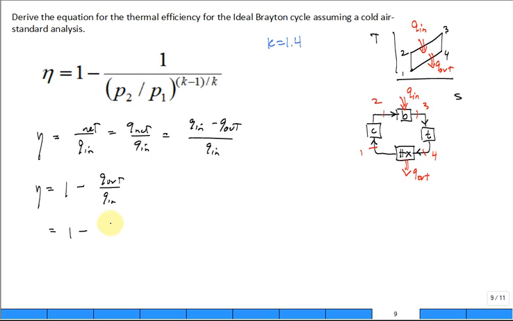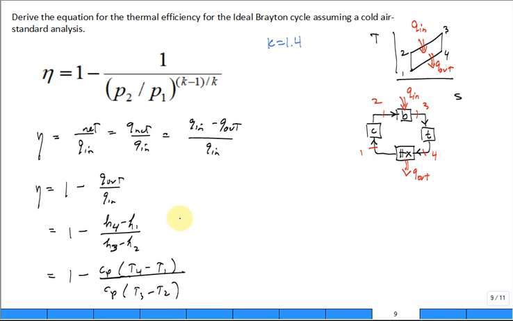So this is 1 minus. What is the Q out in terms of? Is that H4 minus H1? And Q in is H3 minus H2? Did I do that right? And is that equal to 1 minus C sub P times T4 minus T1 divided by C sub P times T3 minus T2? Notice that at this point we finally make use of cold air.